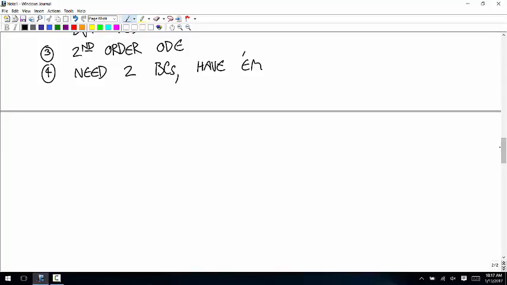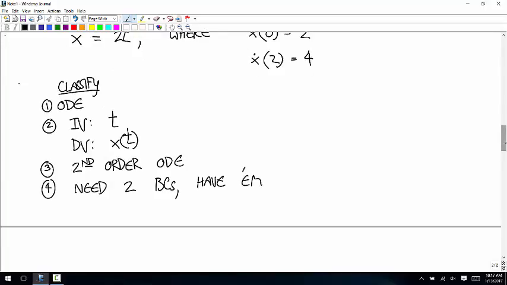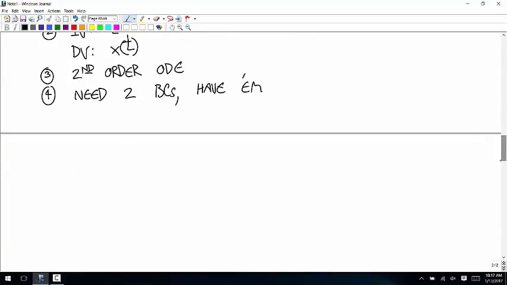So what are we going to do with this second order derivative? I'm going to rewrite this as d/dt of x dot. So we're going to start by finding this variable x dot, where d/dt of x dot is equal to 2t squared.